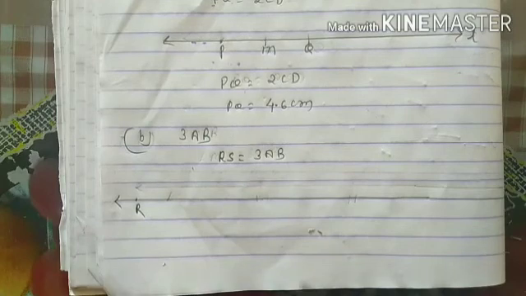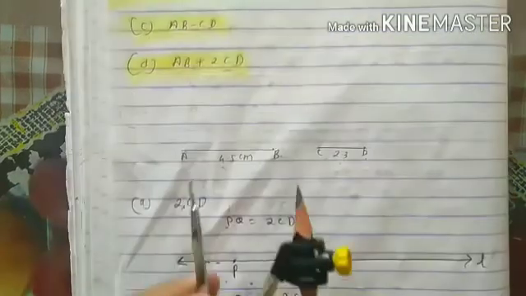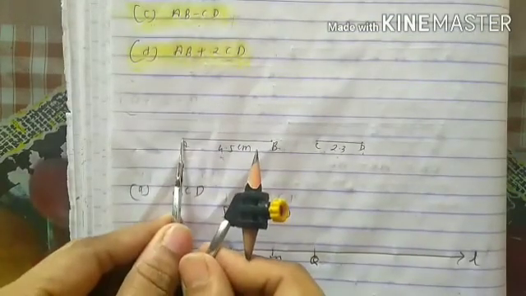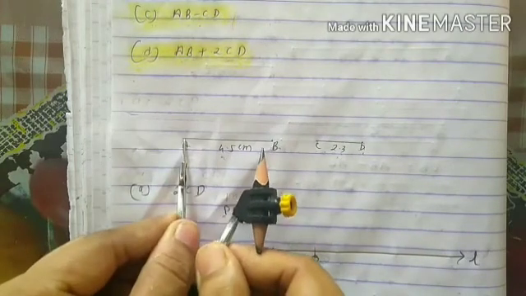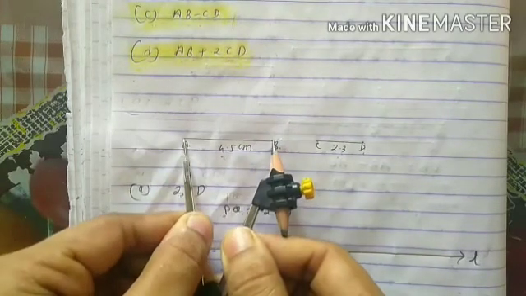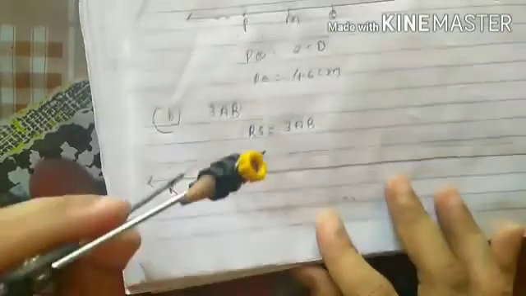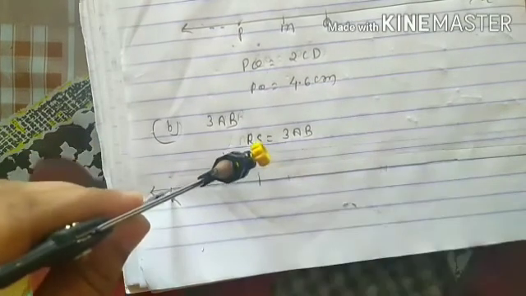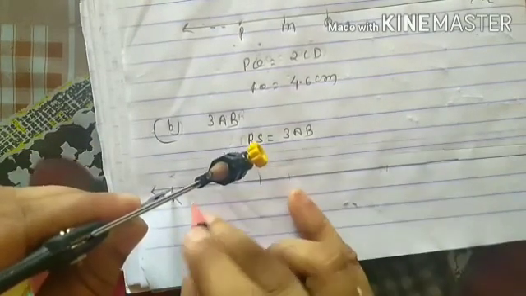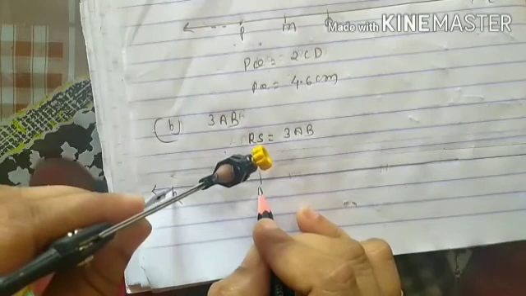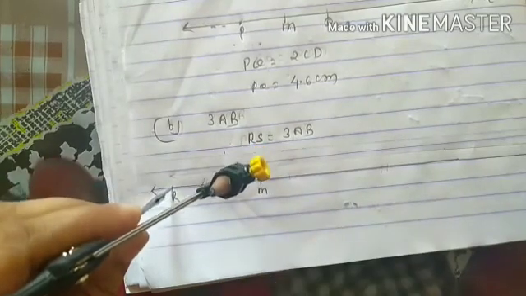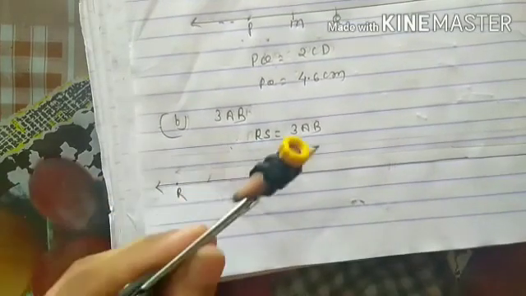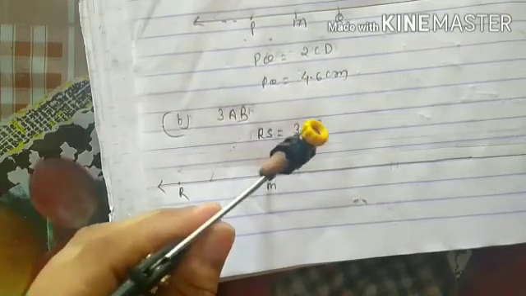Now take compasses, keep metal point at A and pencil point at B. Without disturbing it, keep this metal point at R and draw one arc. Let us give it the name M. Okay, again keep this at M, draw another arc, give it the name N.